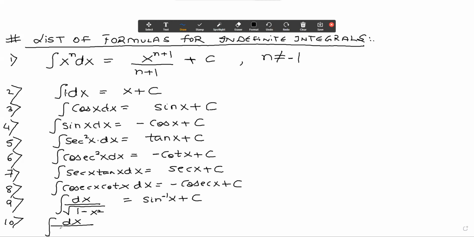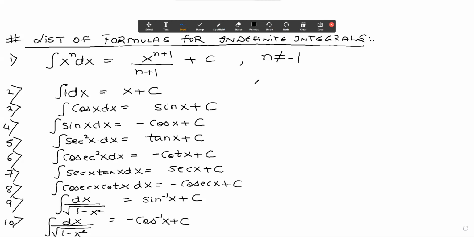Yeah, integral dx upon under root 1 minus x square is also equal to minus cos inverse x plus c. Okay.